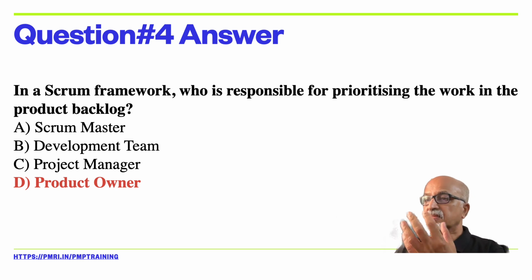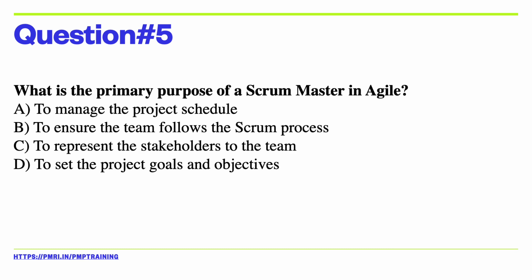It is the responsibility of the product owner to prioritize the work in the product backlog. He keeps refining it, he keeps prioritizing it for the subsequent sprints. So the product backlog is owned by the product owner.